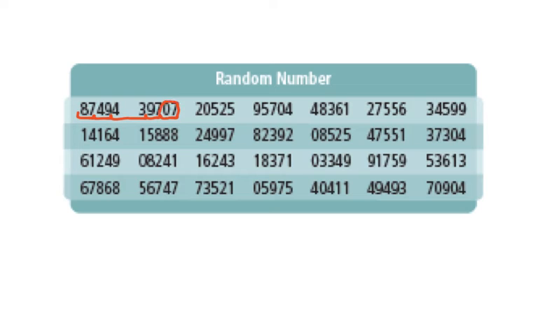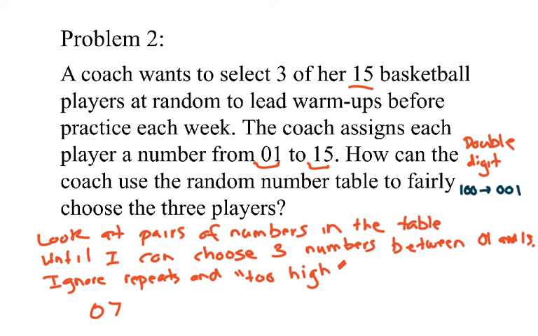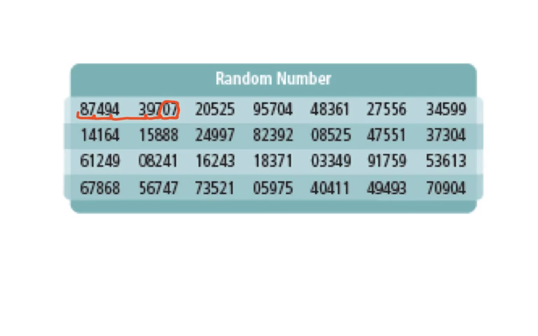I'm choosing person 7. So whoever was the number 07. 20. 52. 59. 57. 04. 04 is one of the numbers that I'm looking for. It's between 1 and 15.